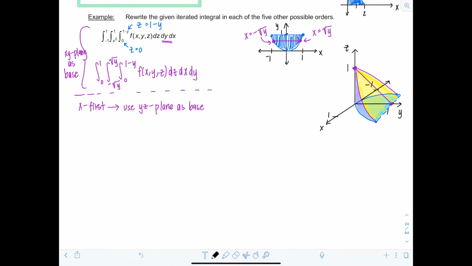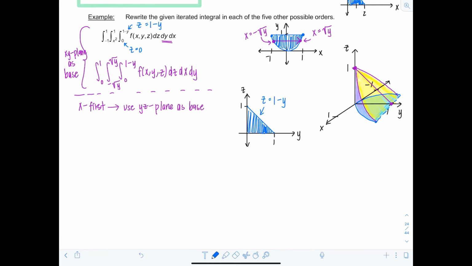I'm going to draw it separately for you. Here's our z-axis, here's the y-axis, 1, 1, and we're going to treat this as the base region over which the solid lives now. This equation would be z equals 1 minus y: intercept is 1, slope is negative 1.